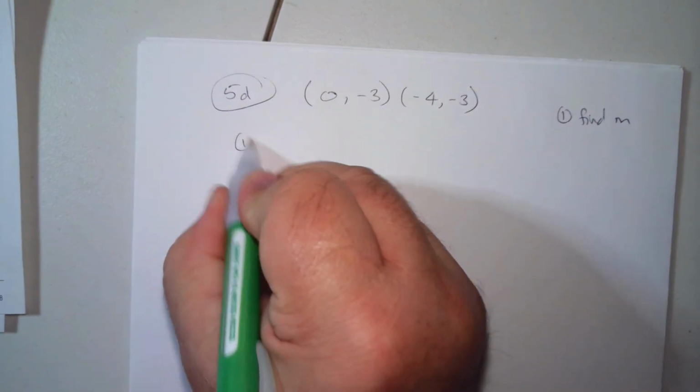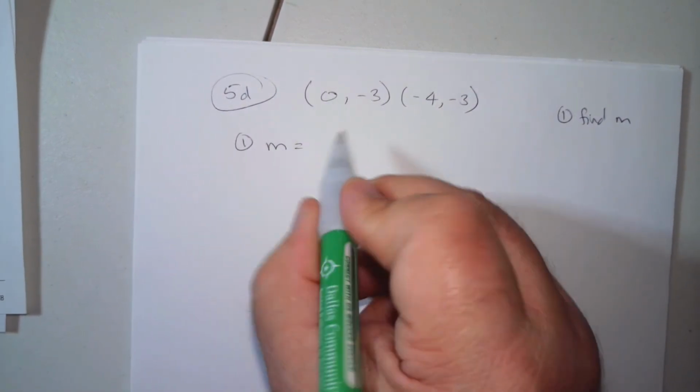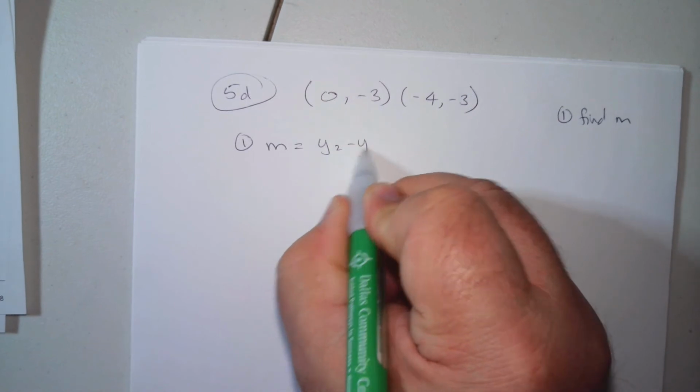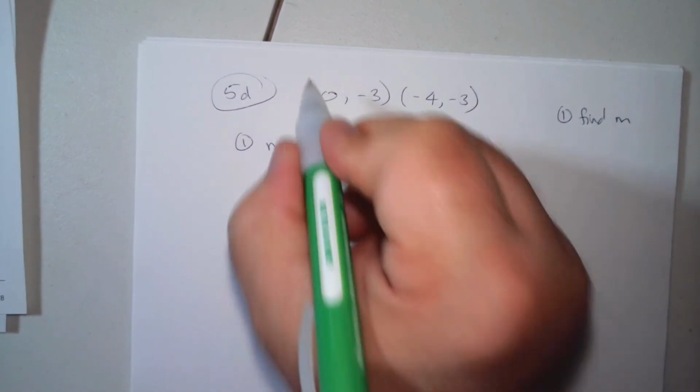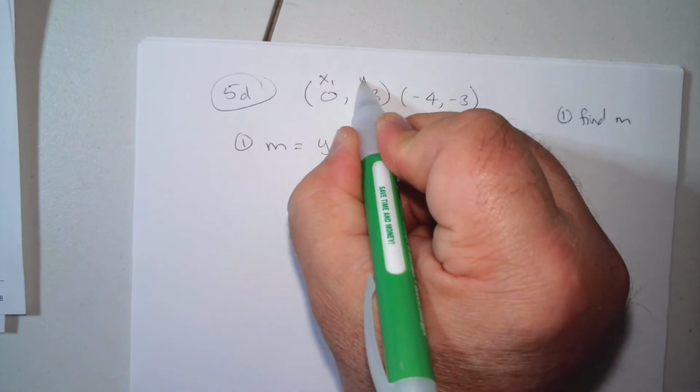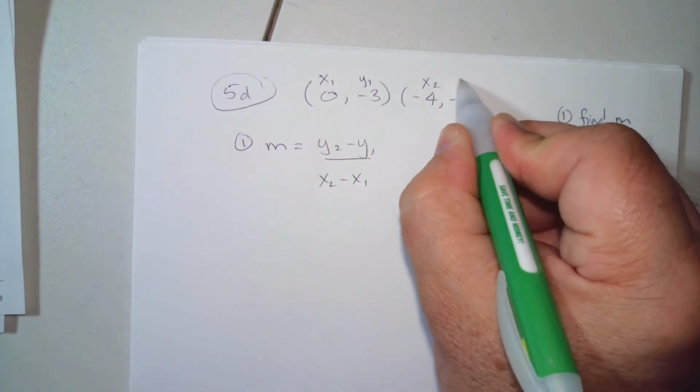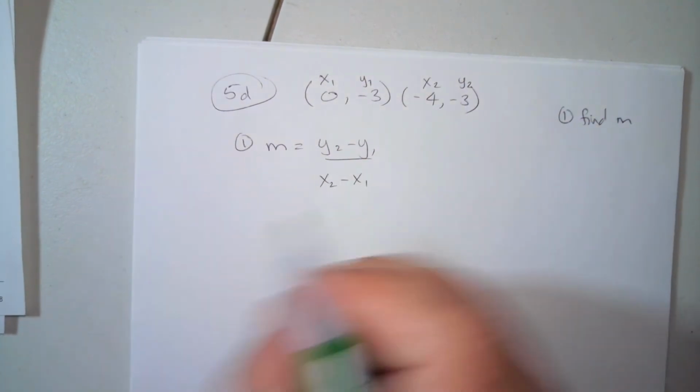Find m: y2 minus y1 over x2 minus x1. So this is x1, y1, x2, y2.